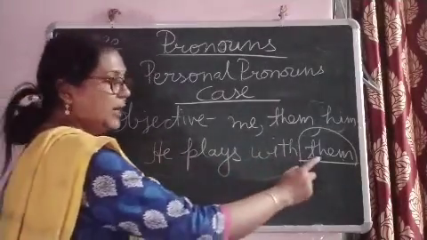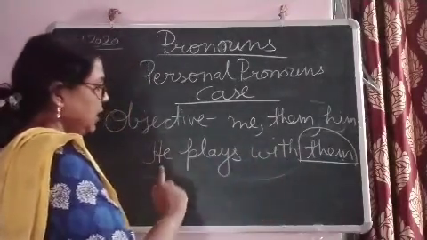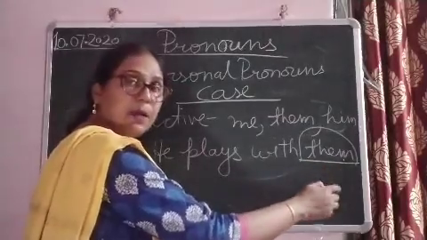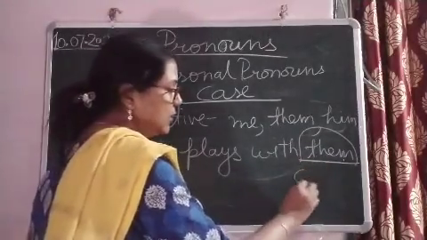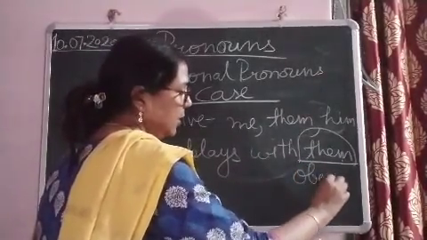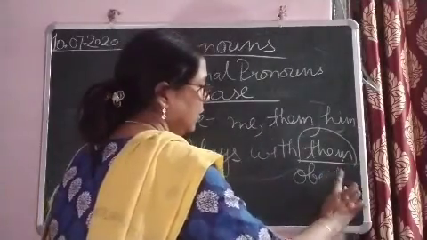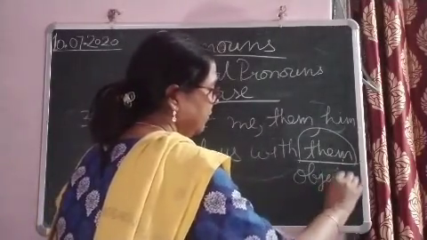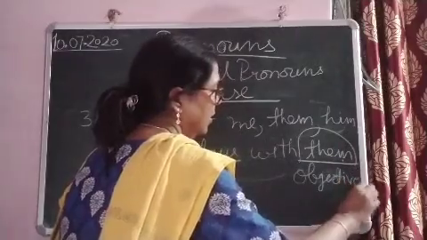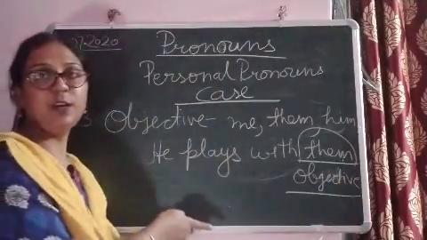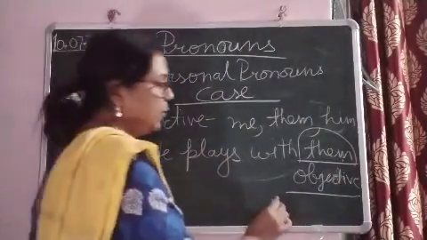Which is the object in this? Them is the object here. So it becomes objective, or you can say the object of this sentence. So it has become objective case.